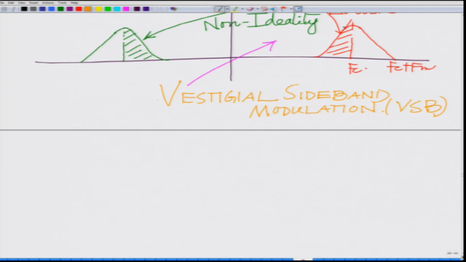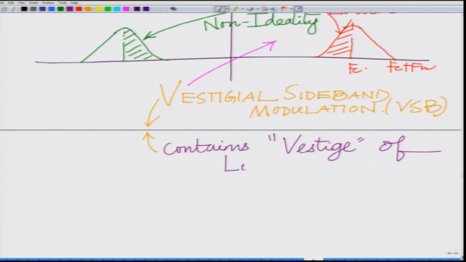So, for instance, the upper sideband contains a vestige of your lower sideband. Ideally, it is not supposed to contain any part of the lower sideband, but because of the non-ideality of the filter, it contains a small portion or a vestige of the lower sideband.